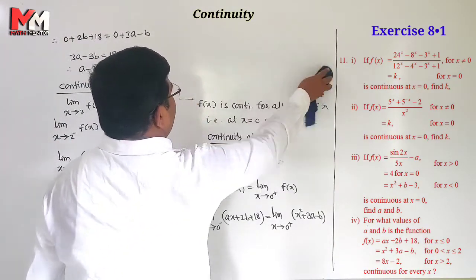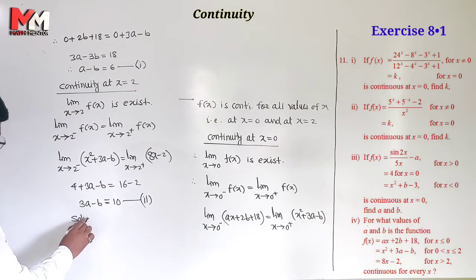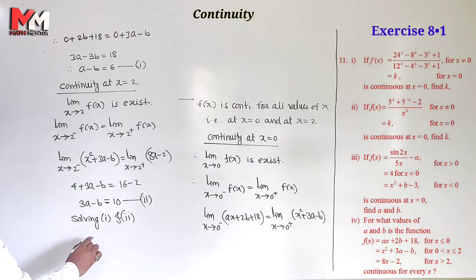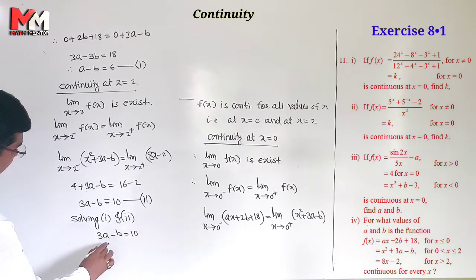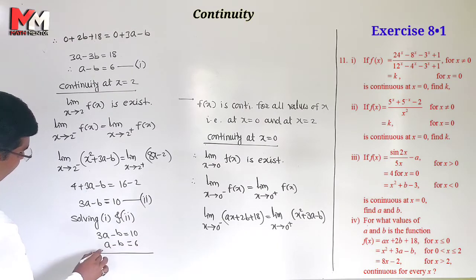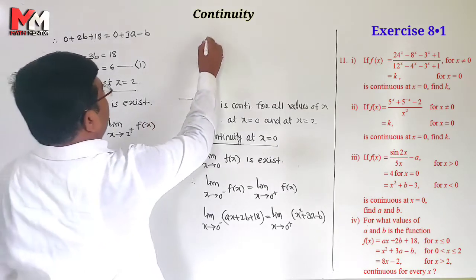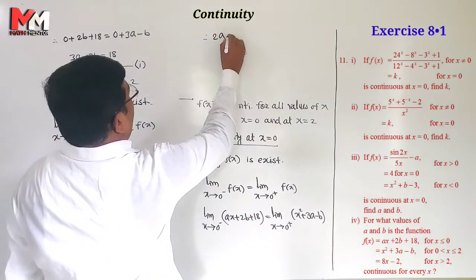So solve these two equations, you will get the values of a and b. Which one is very simple. Now solving first and second, 3a minus b is equal to 10, a minus b is equal to 6. Change the sign. 3a minus a, 2a, 10 minus 6, 4.